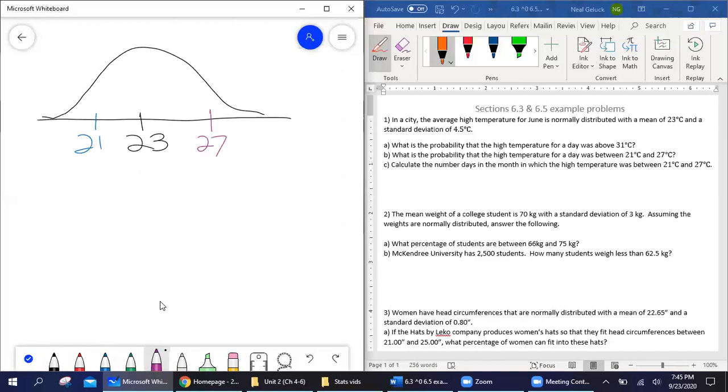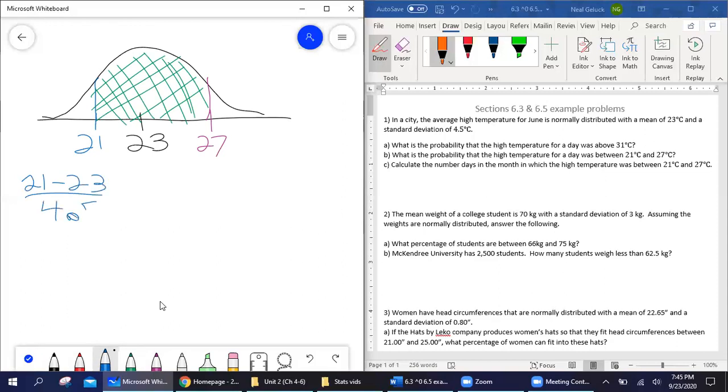So I want to know the in-between on these. Well, first thing I've got to do is convert them over to z-scores. So I have to do that with both the 21 and the 27. So 21 minus 23 divided by 4.5. That'll give you a z-score of negative 0.4 repeating.